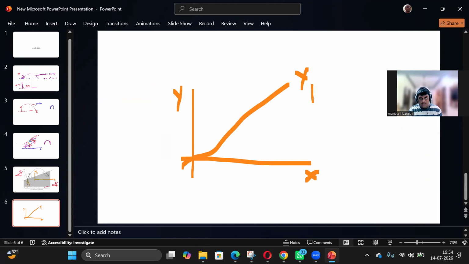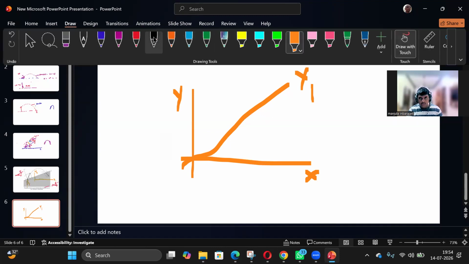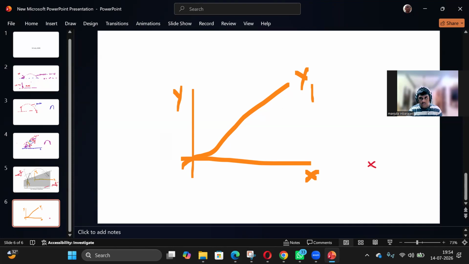Need not be at 90 degrees. Like 2 points can define a line. If you have a point like this, how many lines can pass through this point? 1, 2, infinity. But if you have a second point here, then only one line is possible.